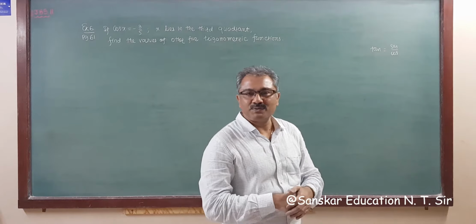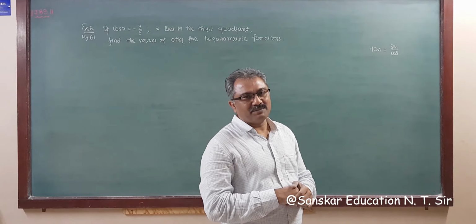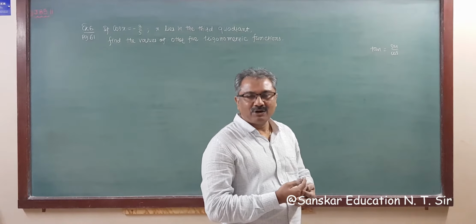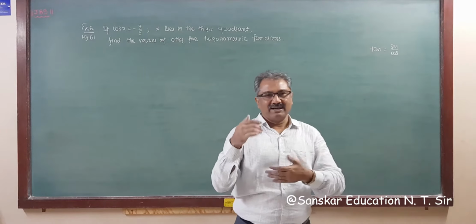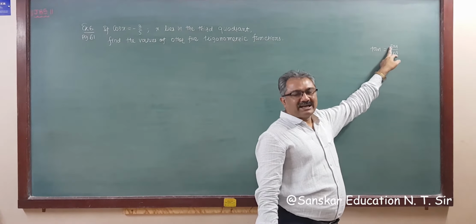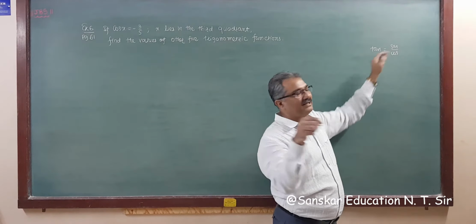So set of zeros for sine is n pi, n belongs to Z, and for cos, twice n plus 1 pi by 2, n belongs to Z, that is the set of zeros for sine and cos. And same thing for tan: tan is 0 when sine is 0, so that is the same set of zeros for sine and tan that you know.